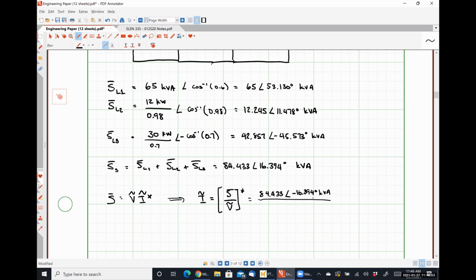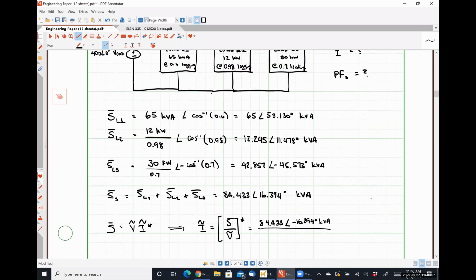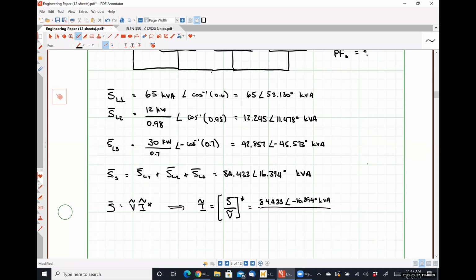Negative angle because I'm taking the complex conjugate of that quantity. And then for my voltage, it's going to be 0.4 angle negative 0, just to get in the habit of it, although it doesn't matter, because when I take the complex conjugate of a fraction, I need to do the conjugate of both the numerator and the denominator. And this is going to be in kilovolts, so that my units should be amps RMS here.